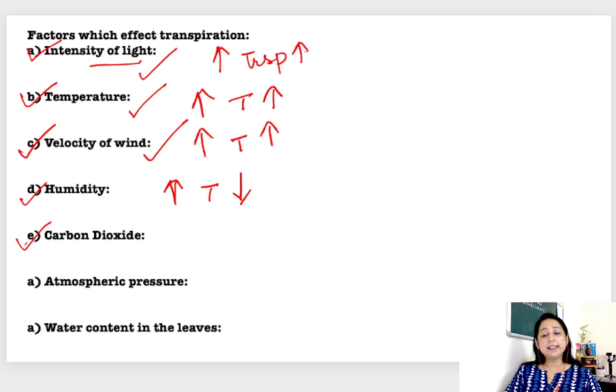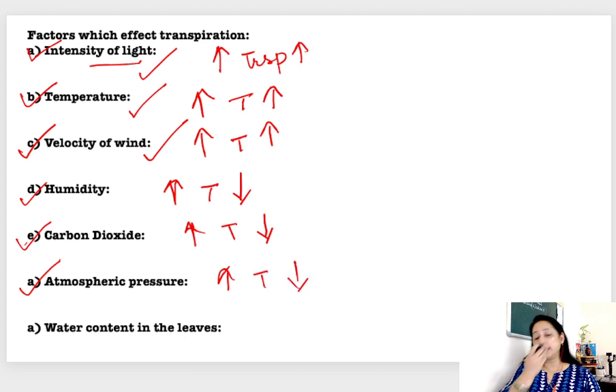Carbon dioxide is more, transpiration is less. Atmospheric pressure is more, transpiration becomes less. If atmospheric pressure is less, transpiration is high. Fine, let's just see once if I am going correct. Yes, fine.